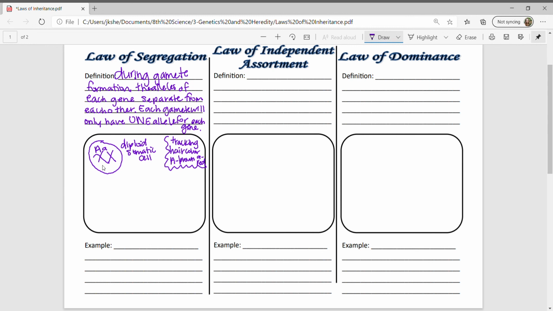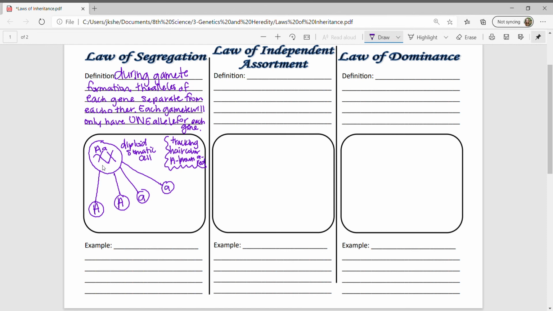So what happens is when this diploid cell undergoes meiosis, remember that we create 4 different daughter cells, and each of those daughter cells has half the amount of the original chromosome count. And so instead of having 2 alleles, the dominant and the recessive allele for this particular gene of hair color, we're only going to sort 1 allele for each cell that is created.